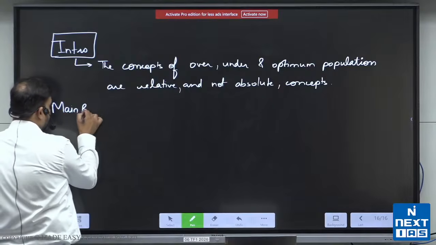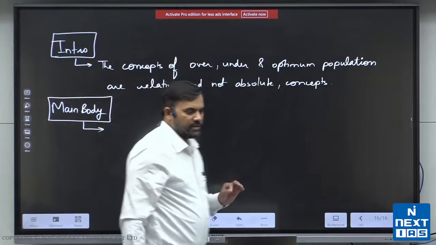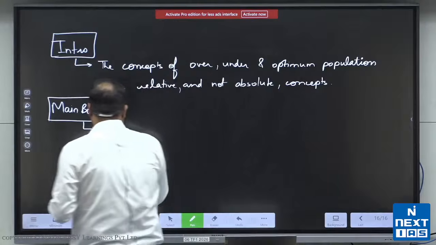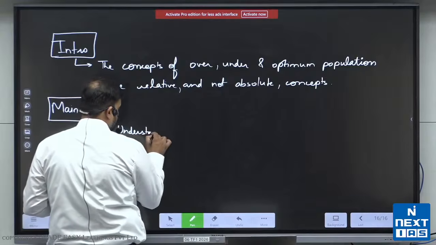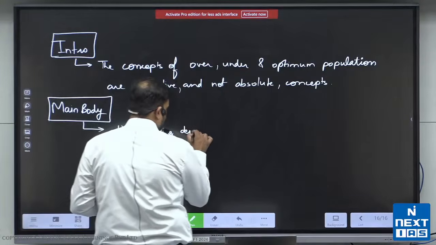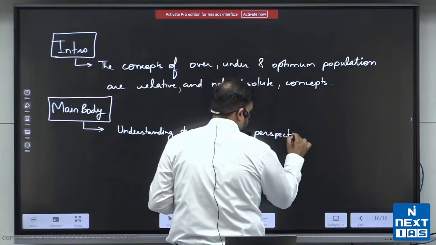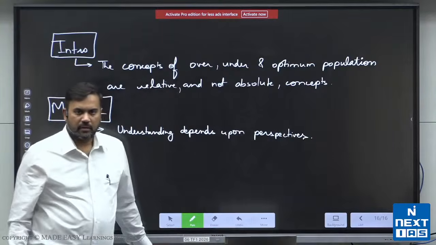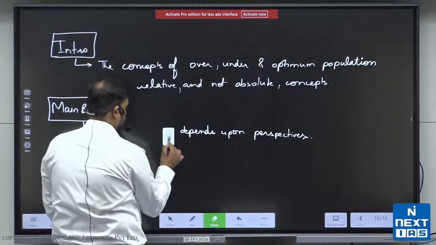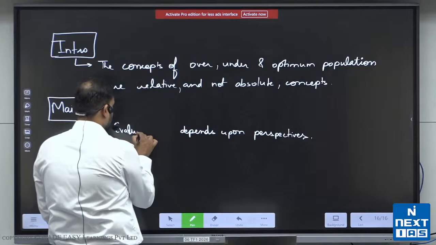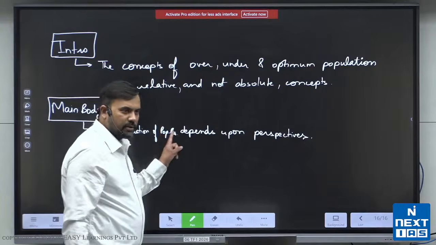First of all, in the main body, I will talk about how it depends upon perspectives. Understanding, I can say, or evaluation. I could have actually written here something like: evaluation of population resource ratio depends upon what?